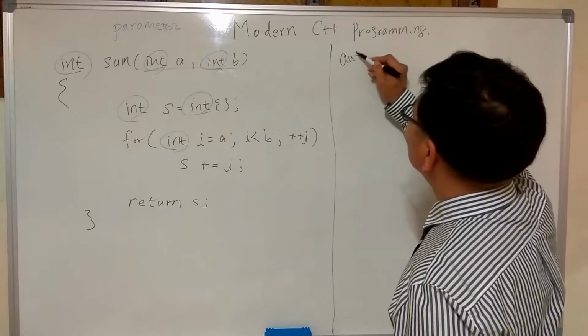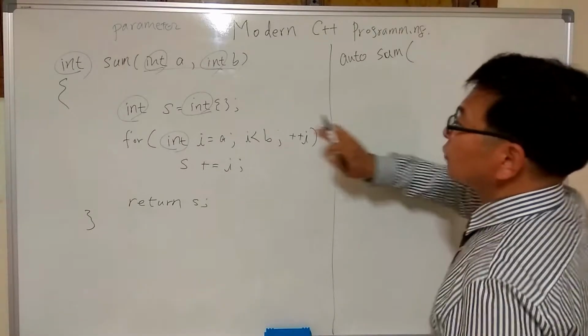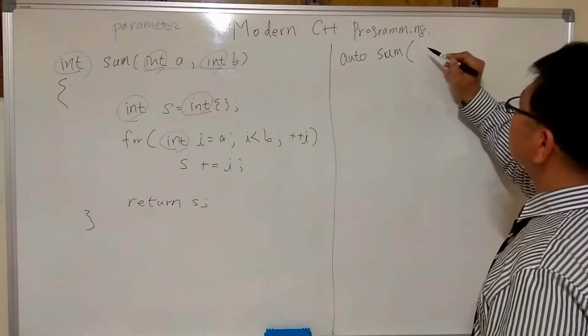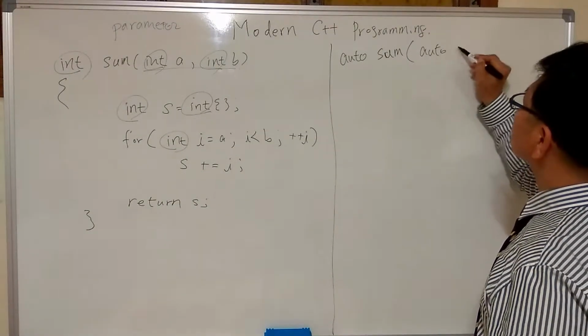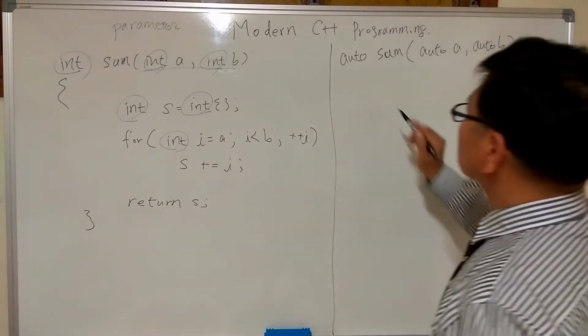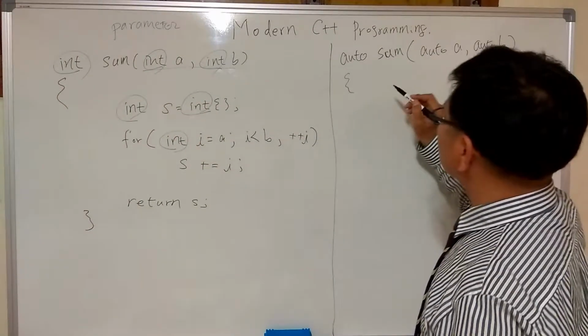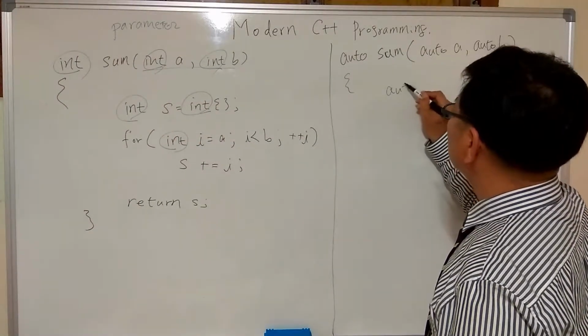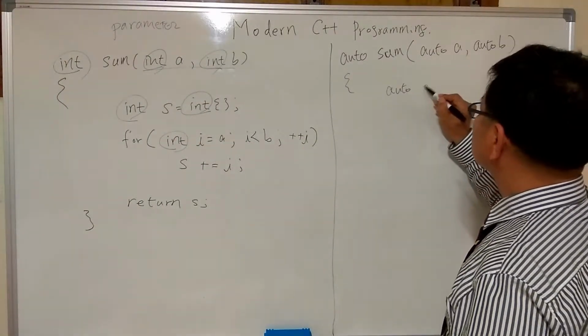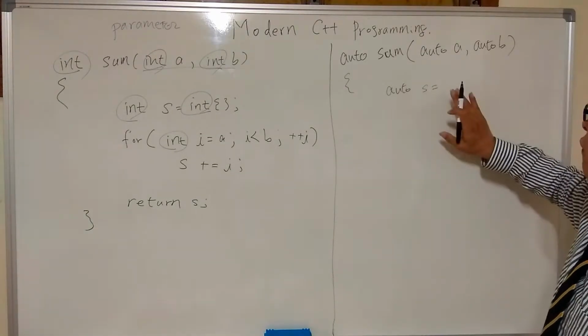Auto sum, auto A, auto B. Then here int A, so we can say auto A, S here. Then we have a problem.